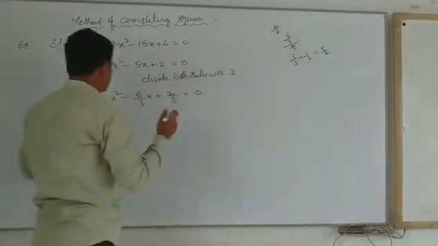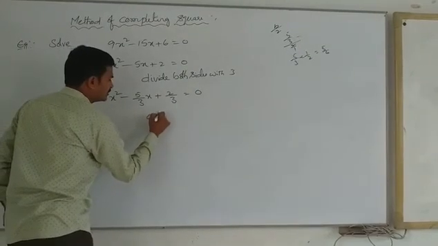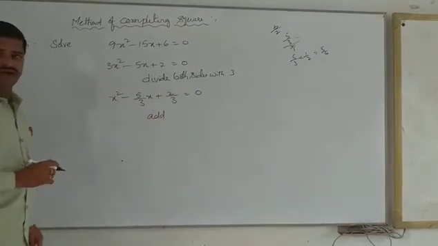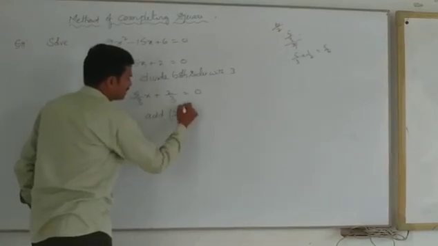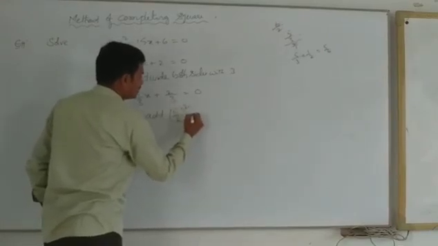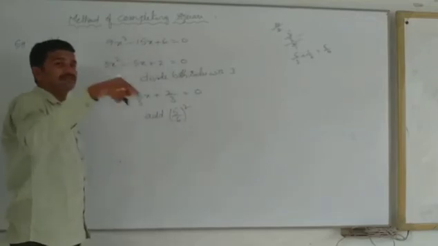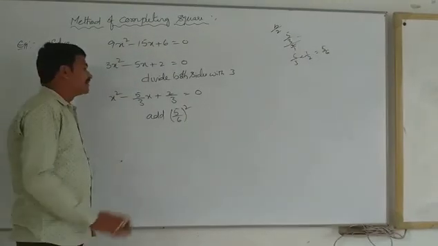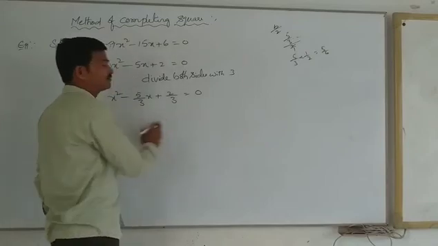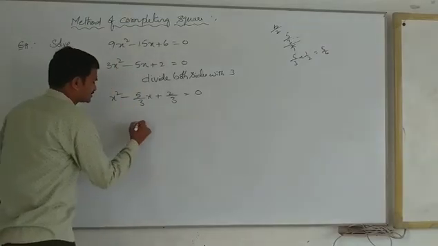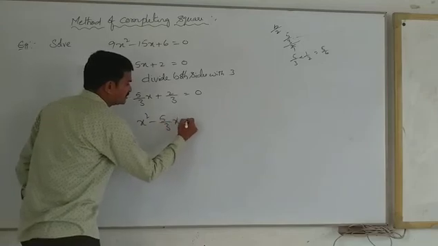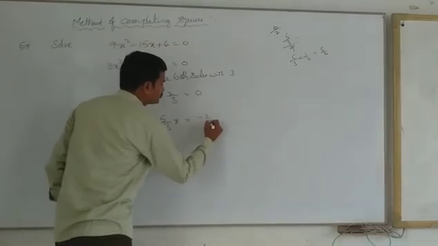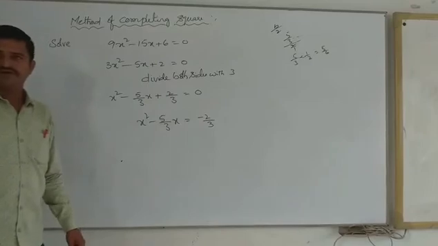So what do we need to do now? Add. What do we need to add? 5 by 6 whole square on both sides. What is the step we are missing? That one you people have to do. X square minus 5 by 3x is equal to minus 2 by 3. Got it?